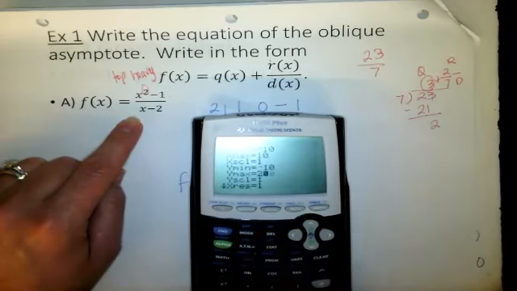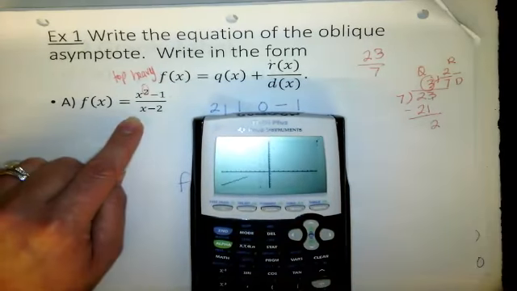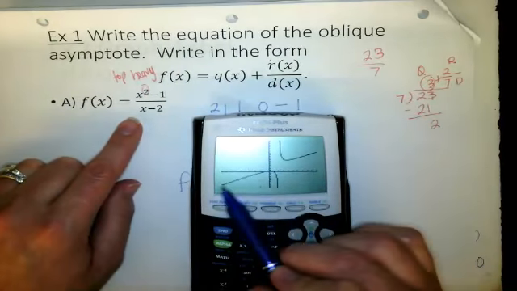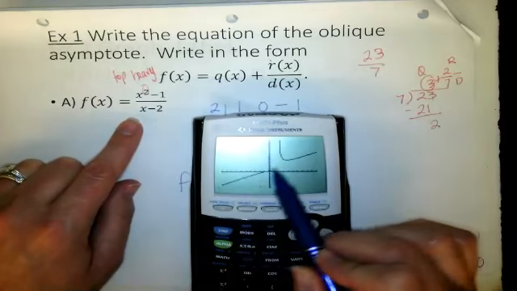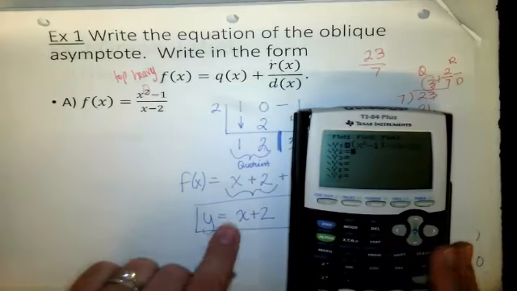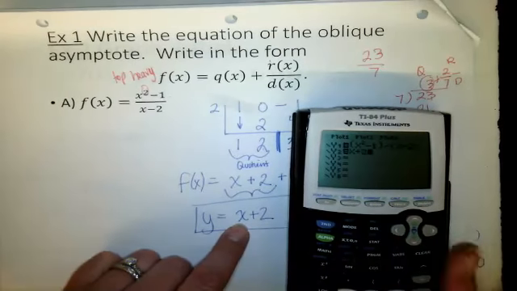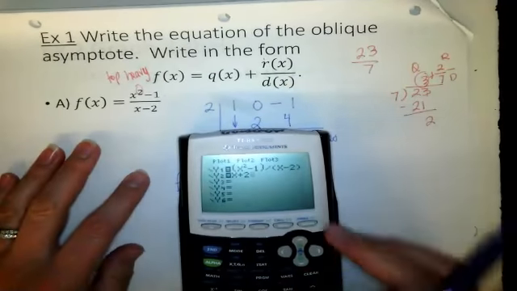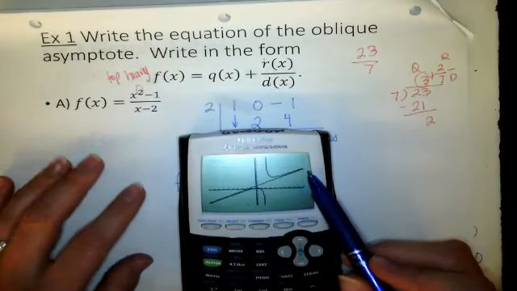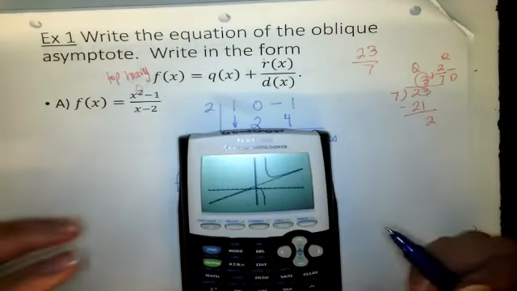I'll go higher up on the y-axis so you can see a little bit more. So you see, it doesn't have a horizontal asymptote. It has an asymptote going right in between here, and it's the line y equals x plus 2. So I'm typing that in, and you can see it's going to thread itself right between there.